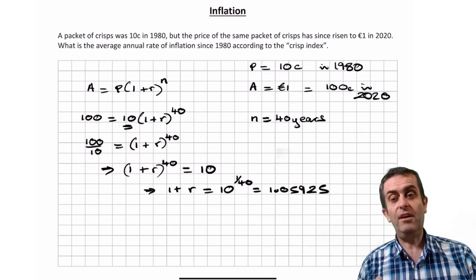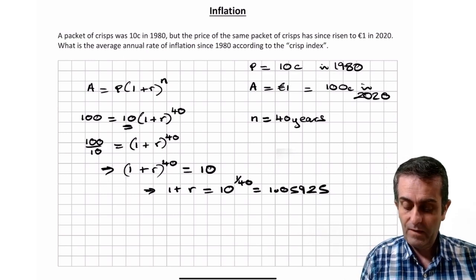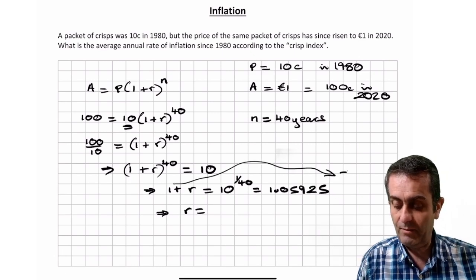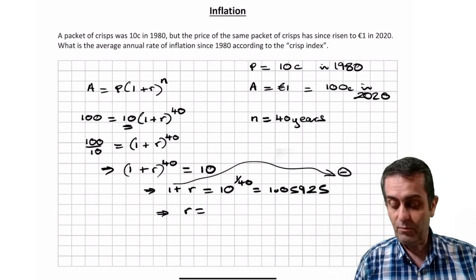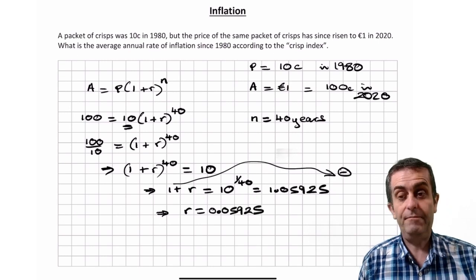So if 1 plus R is equal to 1.05925, that means that R, to obtain R, we simply bring the 1 across, it becomes minus 1. And 1.05925 minus 1 is 0.05925.